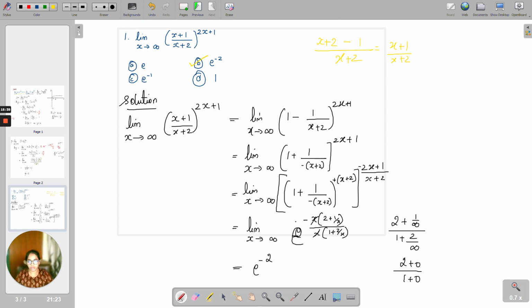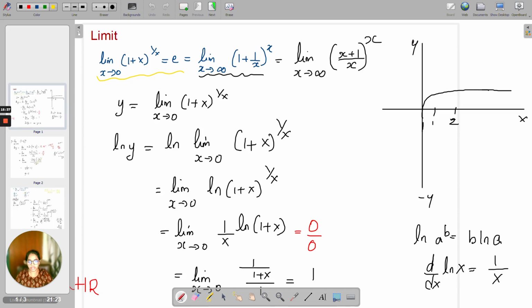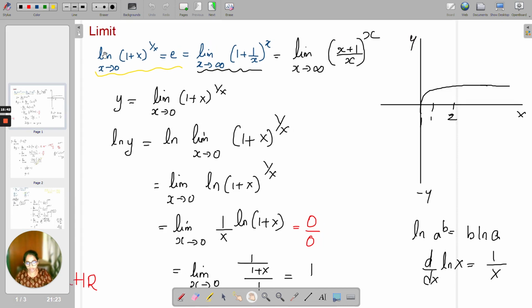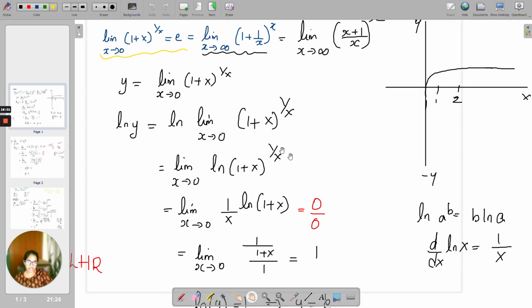Okay, so what did we study today in this video lecture? We just saw how limit x tending to 0, 1 plus x to the power 1 divided by x is equal to e, and that is also equal to limit x tending to infinity, 1 plus 1 divided by x to the power x. How did we start the proof?